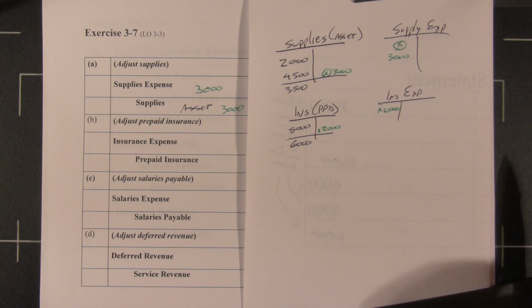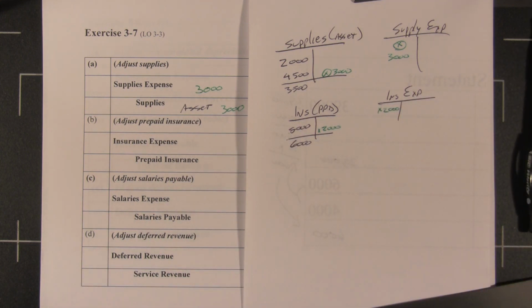Now the next one's a little tricky. It's not tricky like in number tricky, it's tricky like in you got to read the bloody question tricky. They tell us that we paid $11,000 in December for November salaries. That's leading you to think that somehow we have to recognize that $11,000.